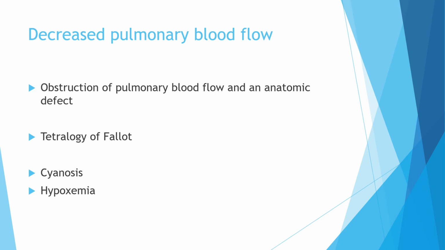And those are called TET spells, and that's specific for the tetralogy of Fallot. So anytime you see TET spells, think tetralogy of Fallot and decreased pulmonary blood flow. So I'm not getting oxygenated blood out to my body, and I'm also not perfusing my lungs very well with oxygen or blood flow to become oxygenated.